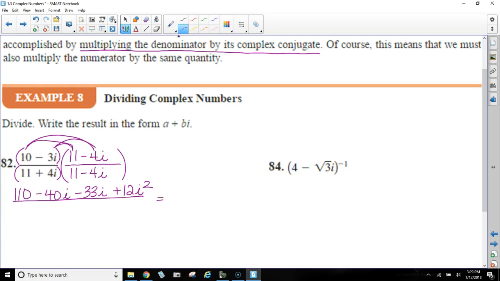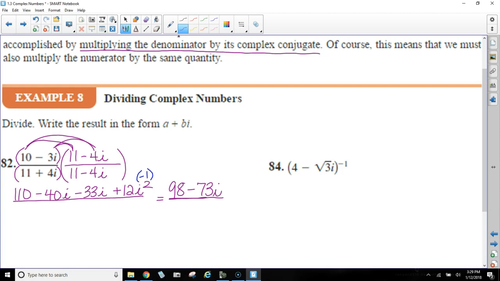If we go ahead to simplify the numerator, this i squared, recall, is negative 1. And so we have 110 minus 12. 110 minus 12 is going to give us 98. Negative 40i combined with a negative 33i gives us a negative 73i. That is the numerator simplified.